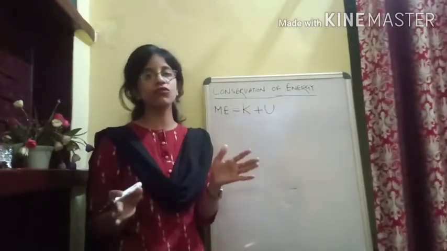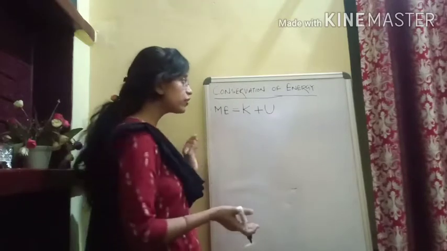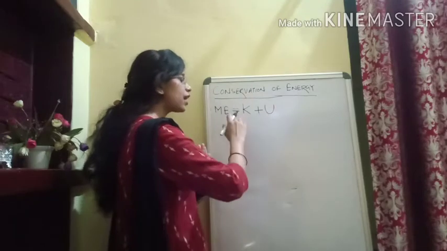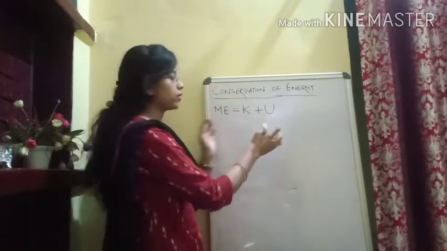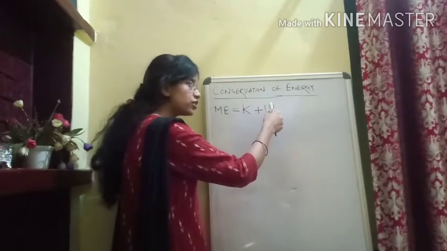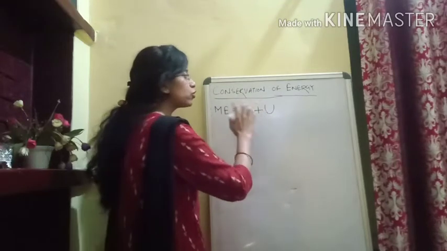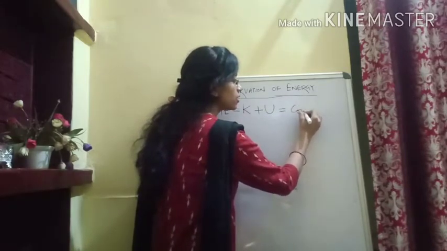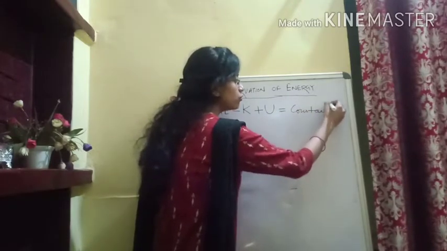Conserved means there is no wastage of energy, which means that kinetic energy and potential energy can change from one form to the other form. Kinetic energy can change into potential energy, and potential energy can change into kinetic energy, but overall the energy is conserved. That means the sum is going to be constant.